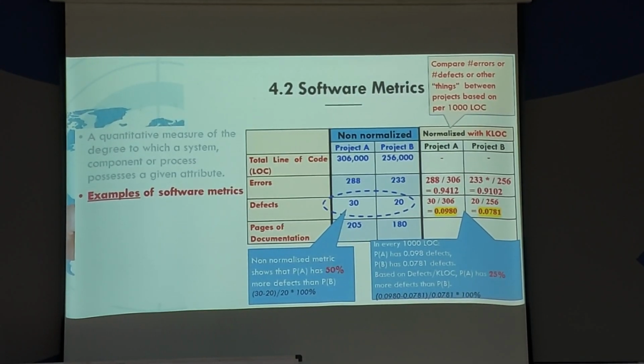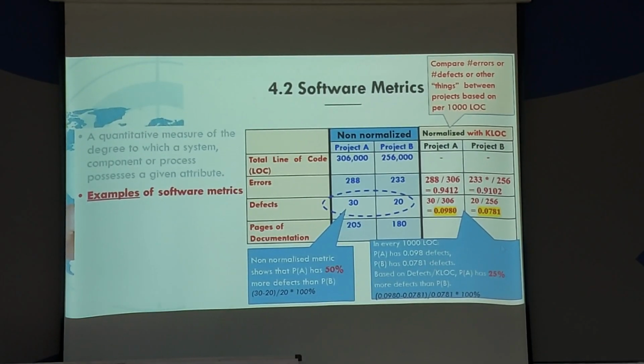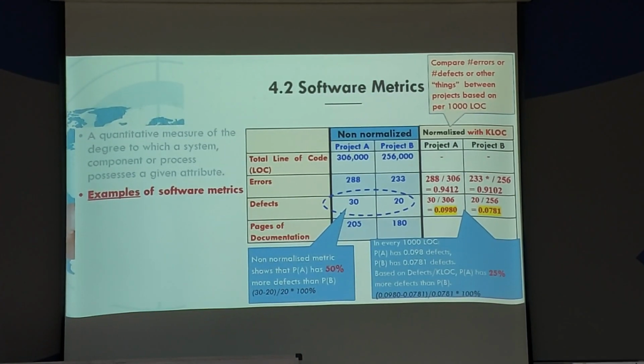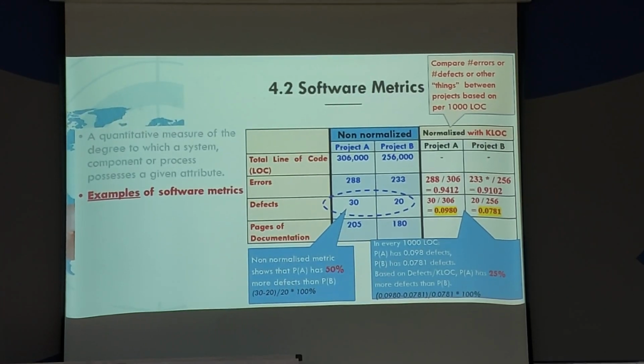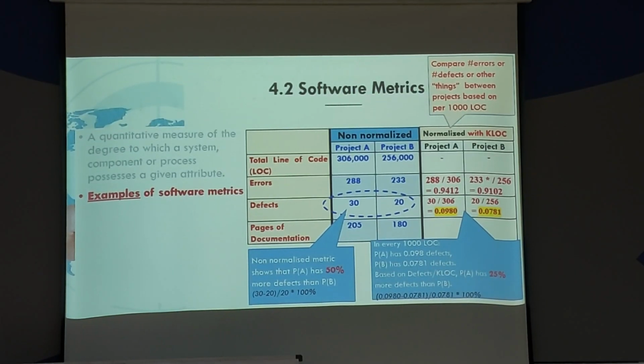For project A, in 1,000 lines of code, how many errors or defects, and for project B, every 1,000, how many errors and defects. This gives you a better, fair comparison, rather than looking at non-normalized metrics.